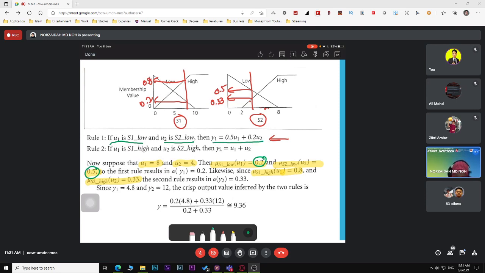You have to calculate Y1 first. Y1 equals 0.5 times U1, U1 is 8, plus 0.2 times U2, which is 4. How much do you get? 4.8.